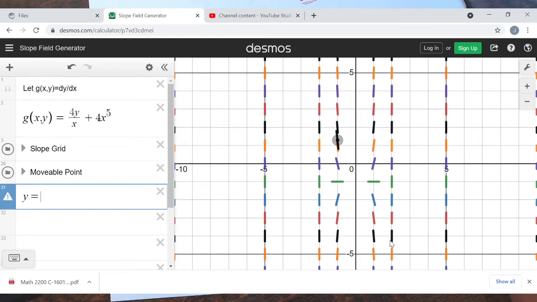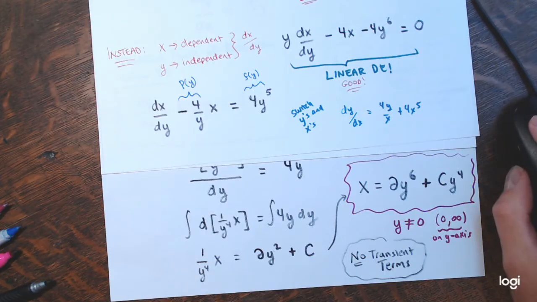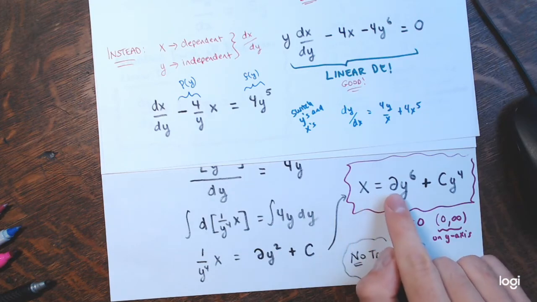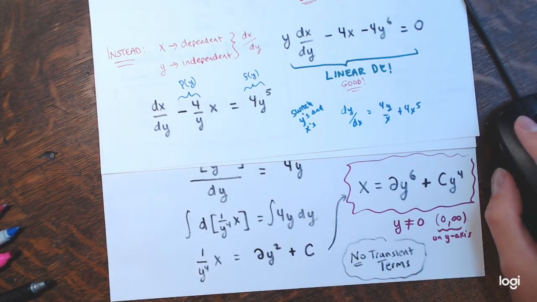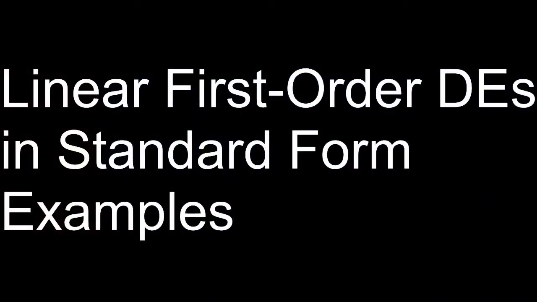Not a lot defined, it looks like. Then for my solution, I'll graph y equals 2x to the 6th plus some multiple of, well, x to the 4th. Just switching x's with y's and y's with x's.